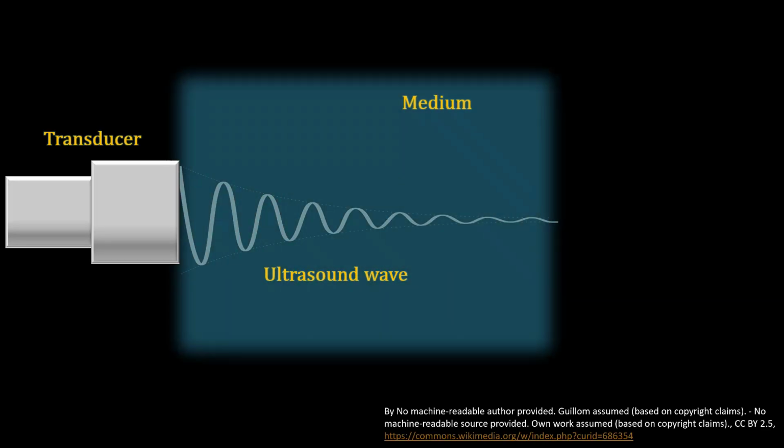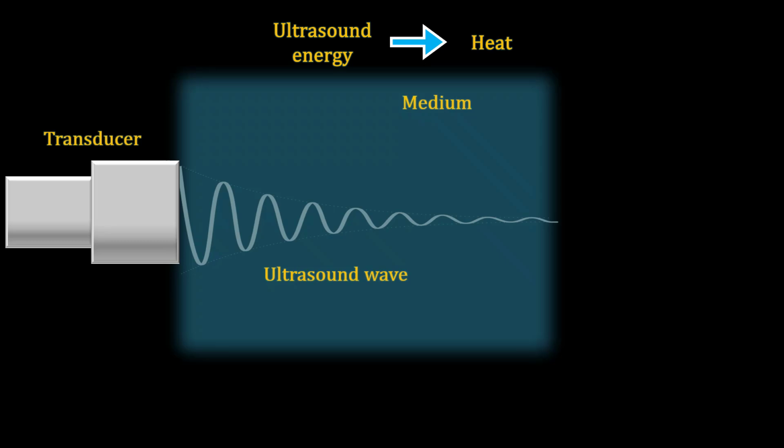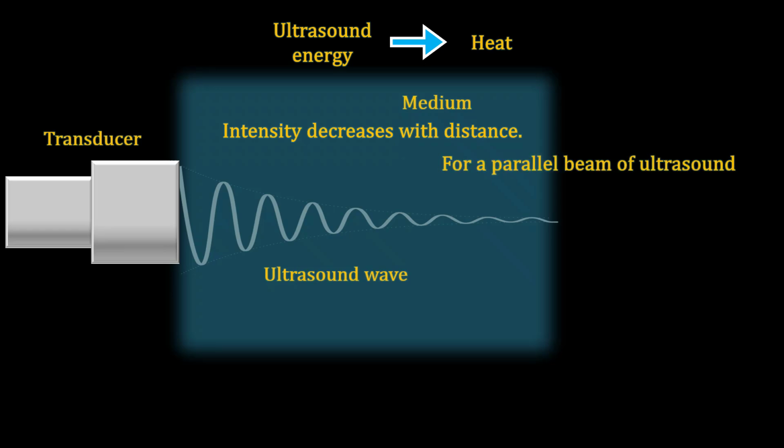When an ultrasound wave propagates in a medium, part of the ultrasound energy is converted into heat. As a result, the intensity of the ultrasound decreases with distance. For a parallel beam of ultrasound with intensity I traveling in a medium, after traveling a distance x in that medium, the intensity becomes I dash.